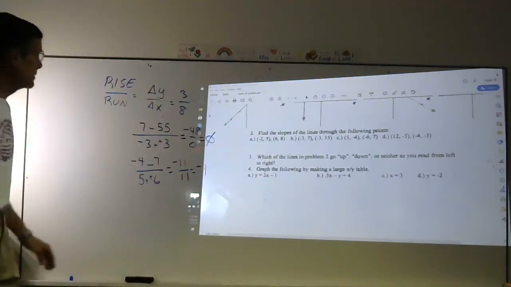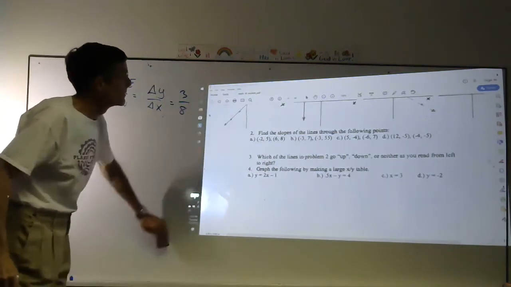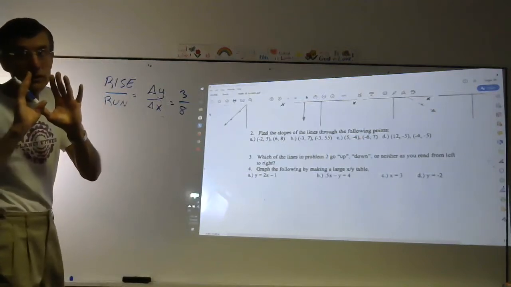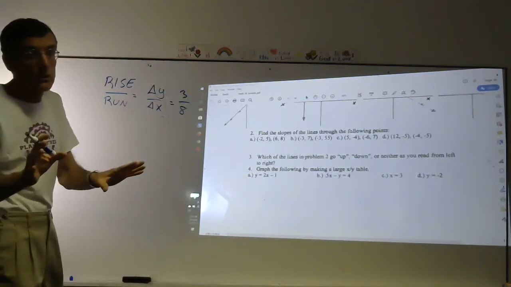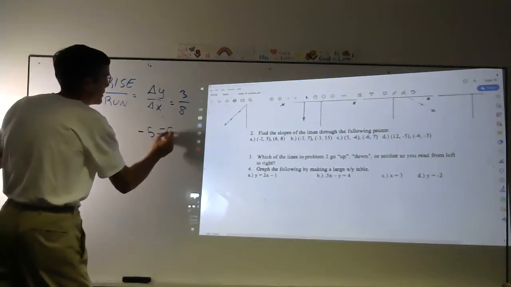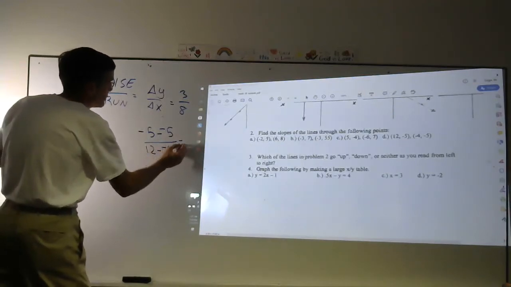How about the last one? Let's do delta y over delta x so we don't have to graph it. Okay, and by the way, the last one, spoiler alert here, you shouldn't have to do any work on that one. Subtract the y values, -5 minus -5. Subtract the x, 12 minus -4.